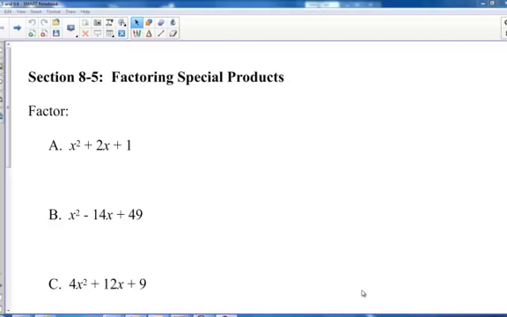If you think about ax squared plus bx plus c, this b would have to be double the square root of a and the square root of c. How this is factoring is it's the square root of a plus the square root of c. Because the square root of 4 is 2 and the square root of 9 is 3.